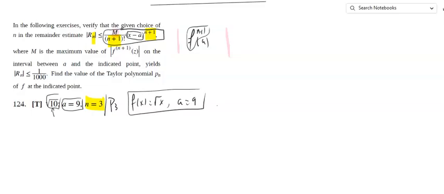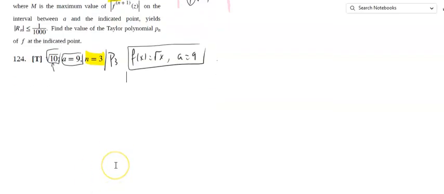In this case, they want us to find a third degree polynomial for f of x equaling radical x, and a is 9. That's basically what they want. So I know how this works.